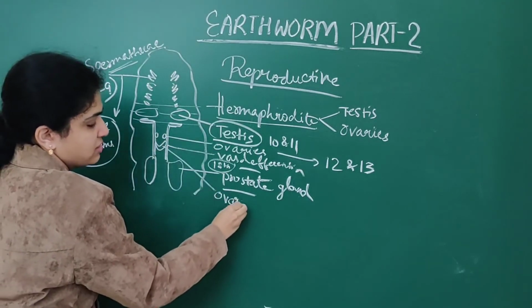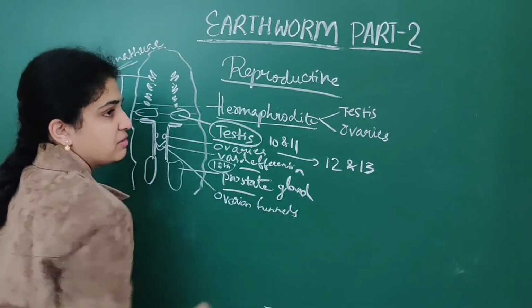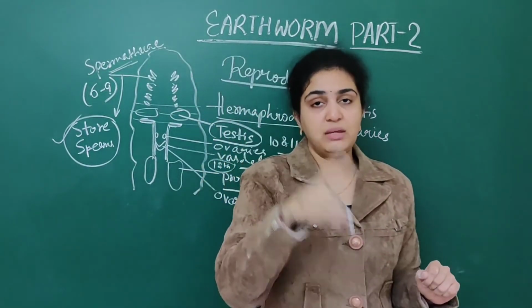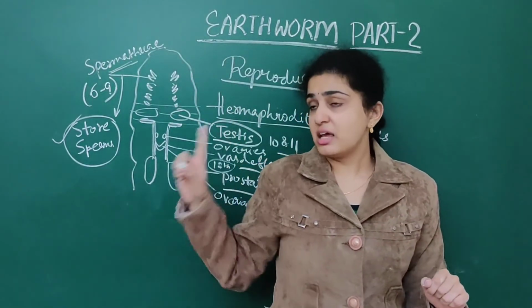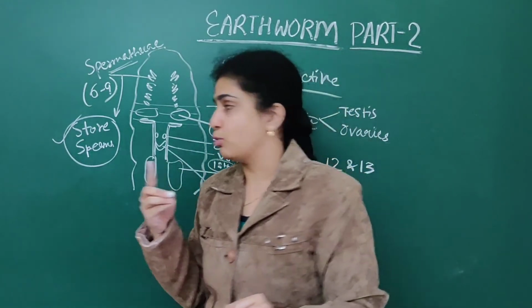What is the use of these ovarian funnels? As we discussed before, in the 14th segment we have one female genital pore, whereas in the 18th segment we have 2 male genital pores.